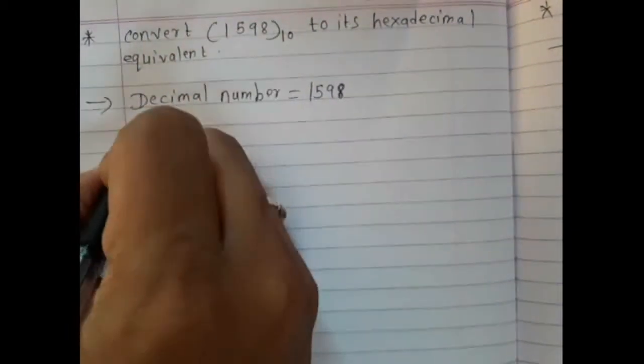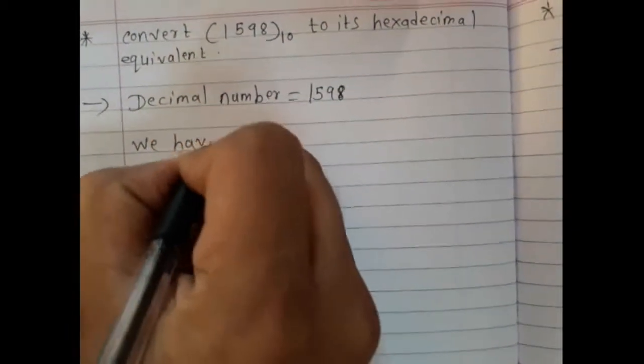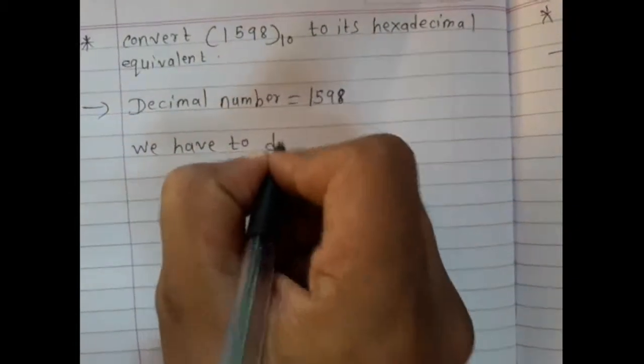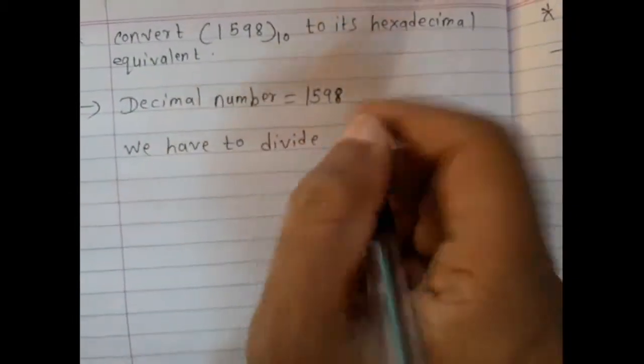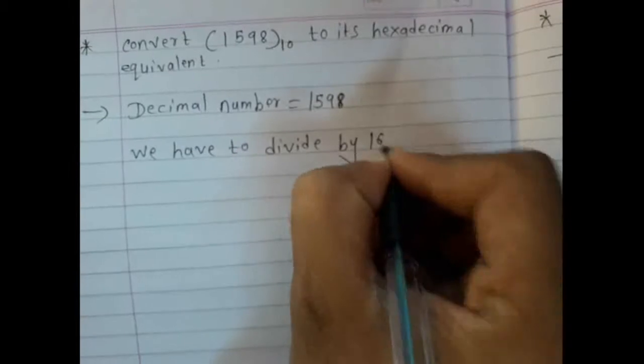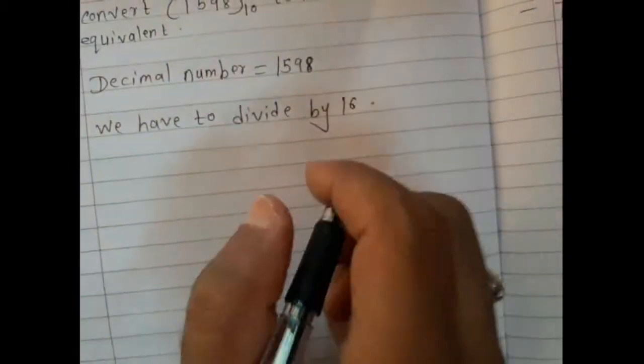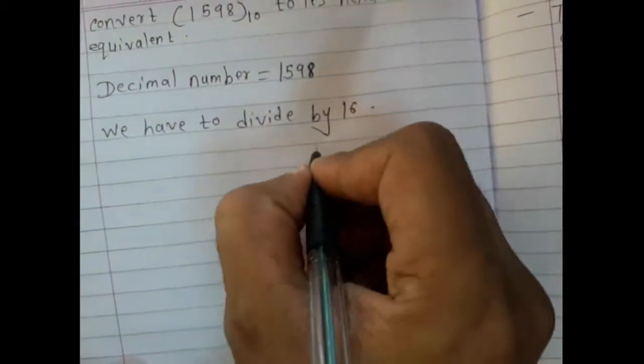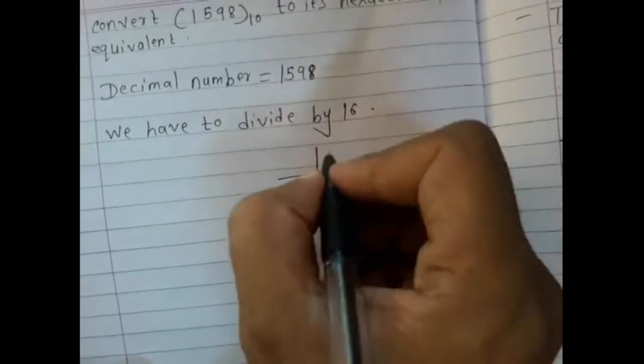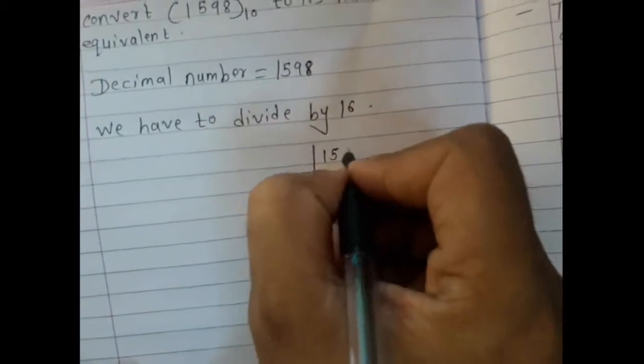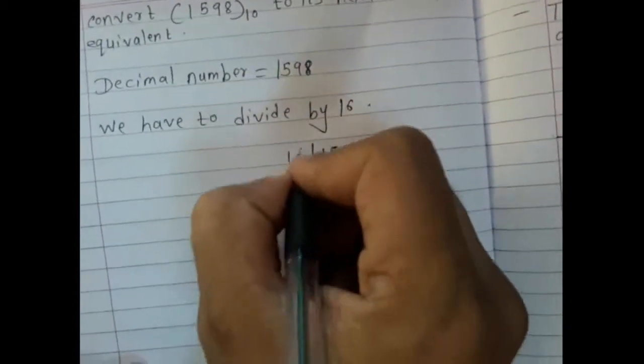Now we have to divide by 16. Okay. Now see, we will start our division. 1598 divided by 16.